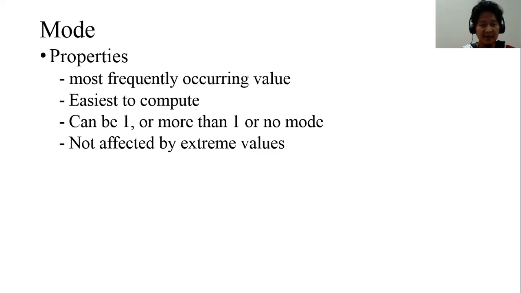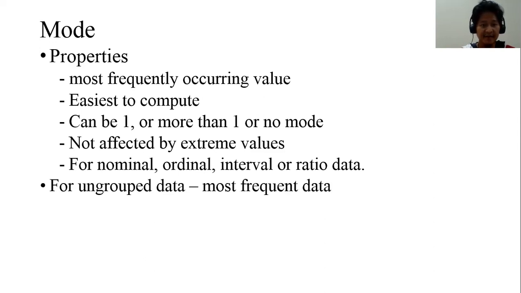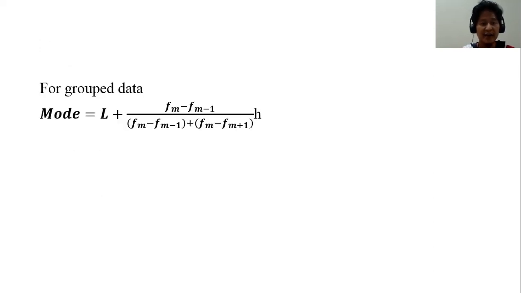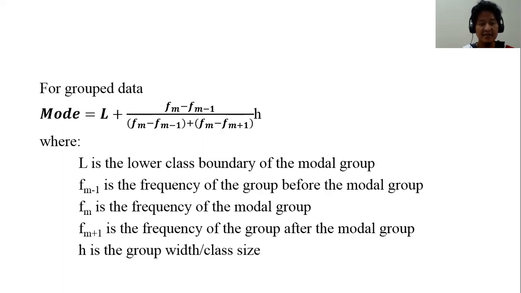But this one, same thing with the median, this is not affected by extreme values. This is the only one applicable for nominal data. So for ungrouped data, all you have to do is to find the most frequent data or the one with the highest frequency. For grouped data, we will be following this formula wherein we have these values. So later on sa example, makikita nyo kung paano po gamitin ang mga ito.